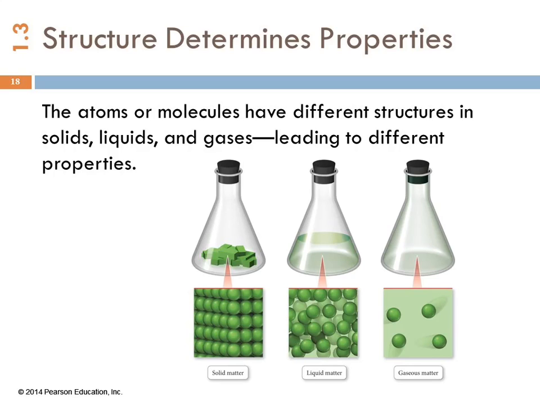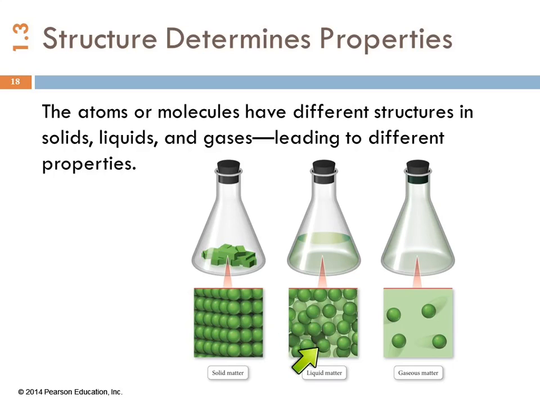So the atoms or molecules in the different states have different structures, and that leads to different properties. If we look at a solid, the particles in a solid are often arranged in a geometric order. They don't move relative to each other, and that leads to the characteristics of a solid: it has a fixed shape and a fixed volume.